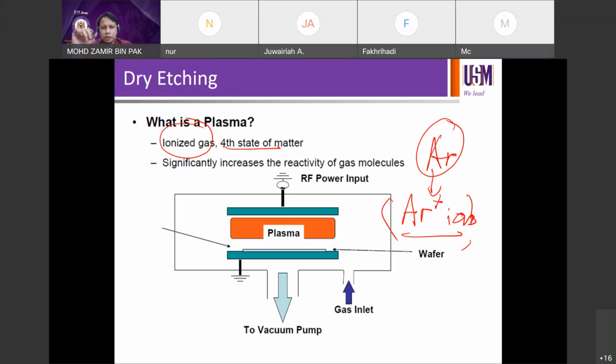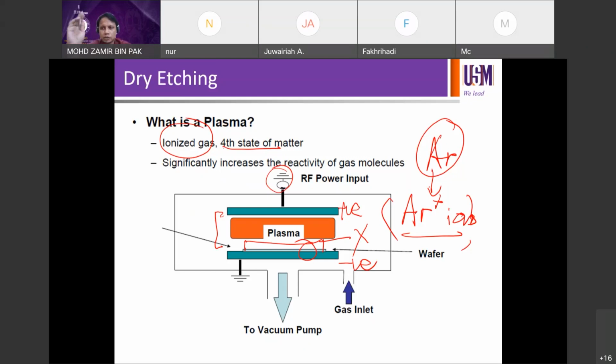So a typical plasma chamber looks like below. Okay, RF power input as the supply, and then you have your wafer and your film to be etched. Then you have something here, material X for example, that you want to etch. And then you have plasma build up in between two electrodes. Say this one is the positive electrode, and this one is a negative electrode that is grounded.